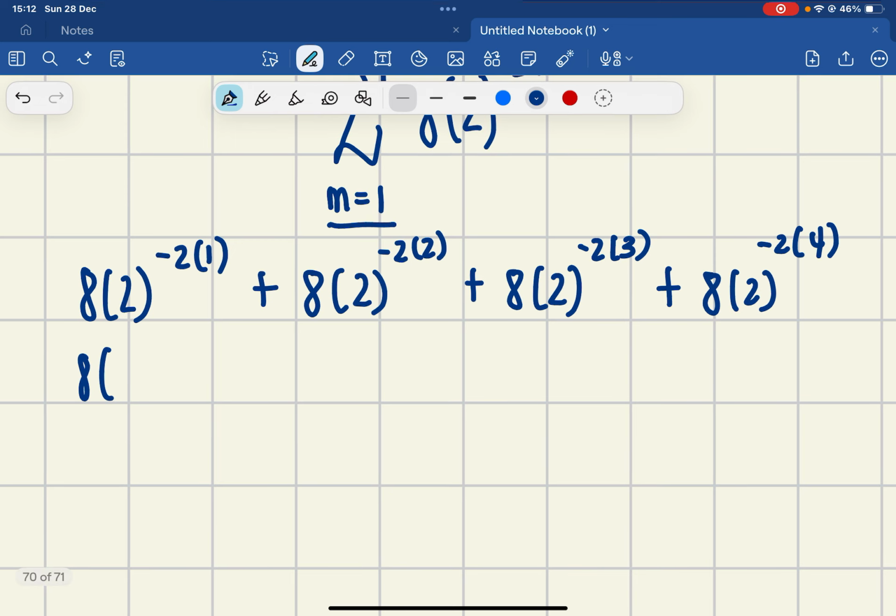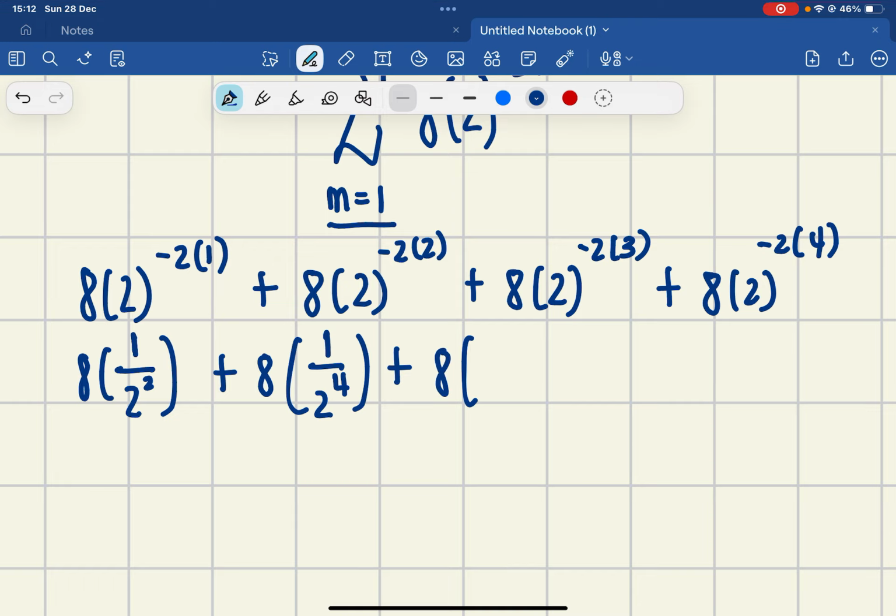So we'd have 8 times 1 over 2 to the power of 2, plus 8 multiplied by 1 over 2 to the power of 4. Then plus 8 times 1 over 2 to the power of 6, plus 8 times 1 over 2 to the power of 8.